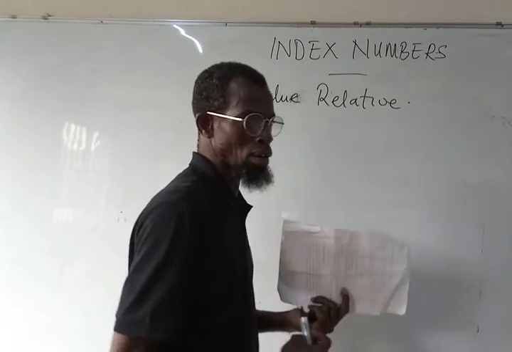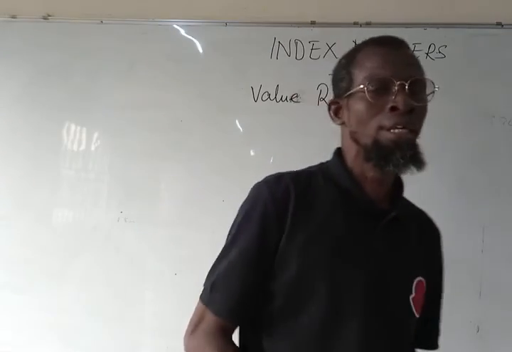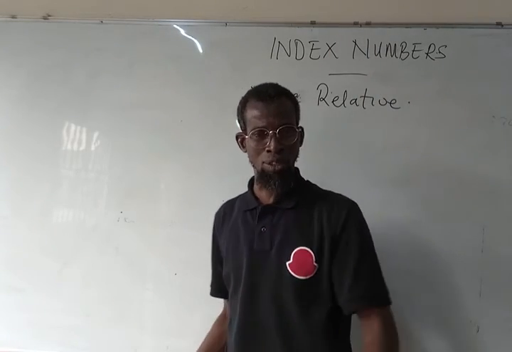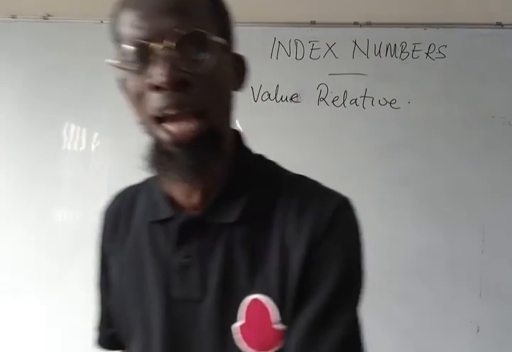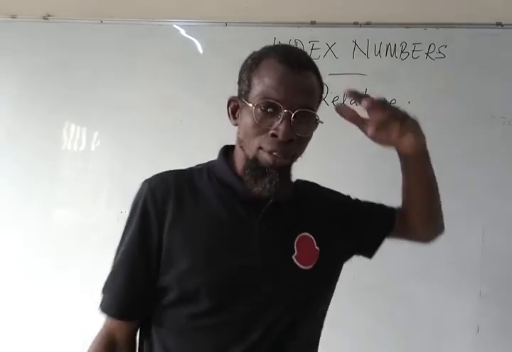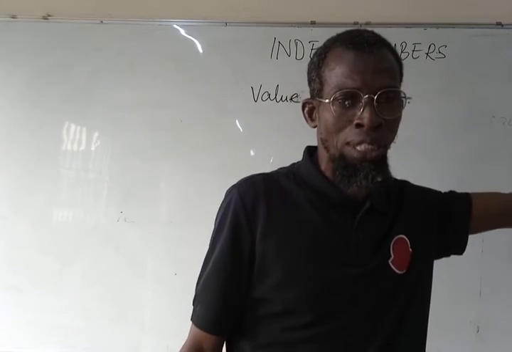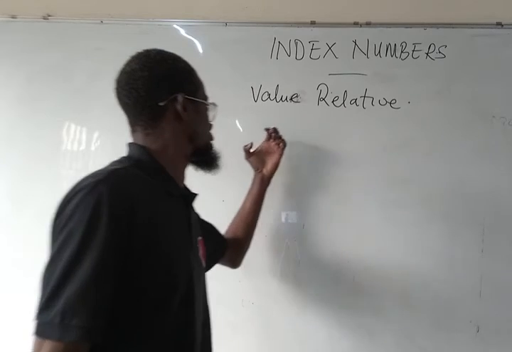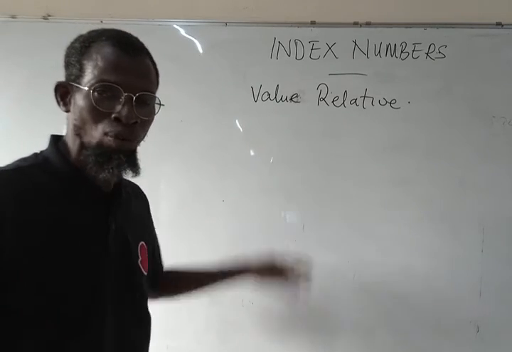I told you we can compare things in terms of price, which we do. Look, I can see now, even the current situation of Nigeria with the hike of petroleum products, and we can compare it to that of the other dispensation. Now, likewise, we can compare the quantity.